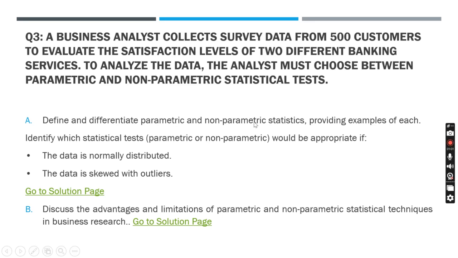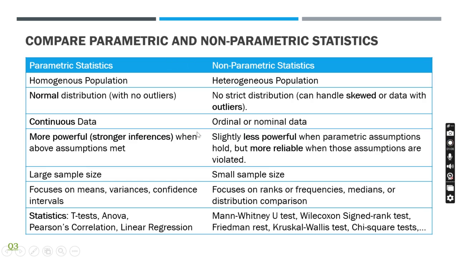When we talk about the differences, this is the difference between parametric statistics and non-parametric statistics. Here the population is homogeneous. We have a normal distribution with no outliers, and we have continuous data, and it is more powerful, and we use it with a large sample size like the one we have here.